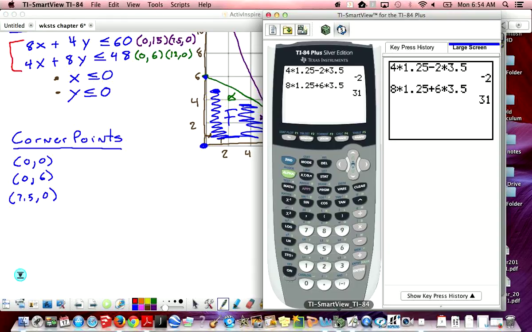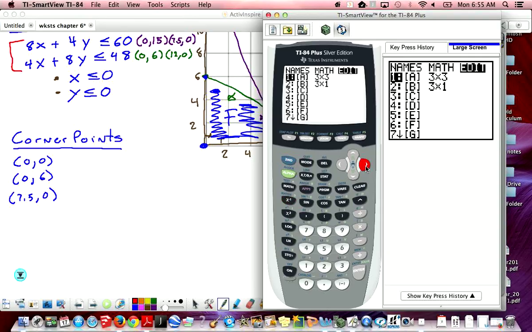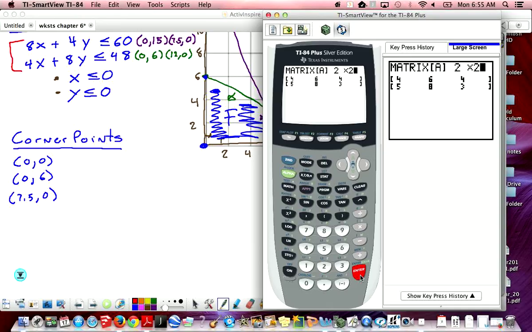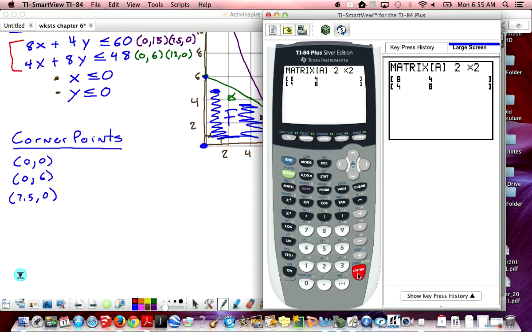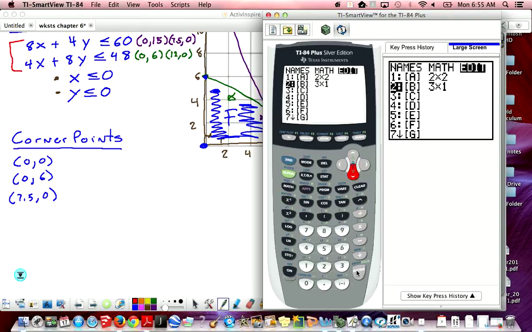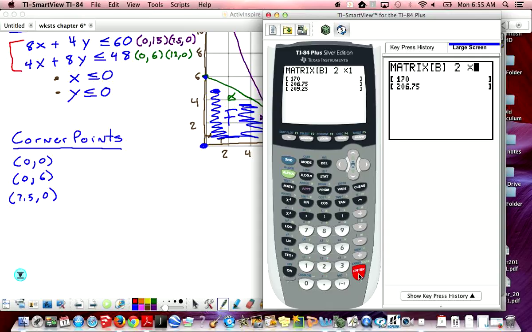So take out my calculator, go to my matrix menu, I'm going to go over to edit, I'm going to change it to a 2 by 2 matrix, and then I'm going to enter in 8, 4, 4, 8. So go ahead and exit out, go back to the matrix menu, let's go over to matrix B, whoops, sorry, forgot to go down one to matrix B, 2 by 1, we're going to make that 60 and 48.